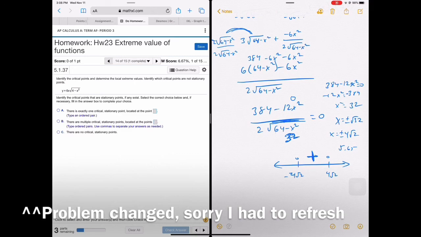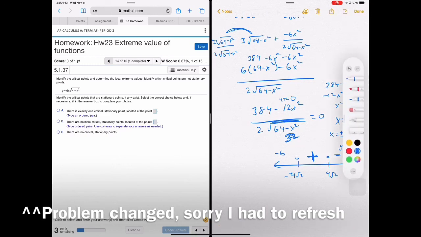But if I plug in anything bigger than 32 on top, this on top will flip and become negative. On the left side, if I plug in something that's bigger, that's negative, let's say negative 6. Negative 6 squared is 36. 36 times 12 is 432. And 432 would be more negative, so we're going to be negative over here on the left side of this graph.